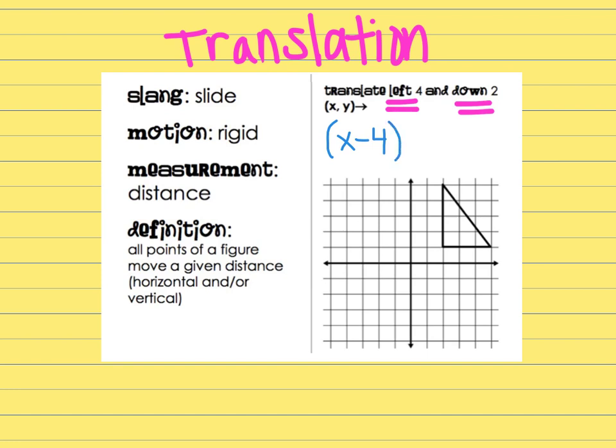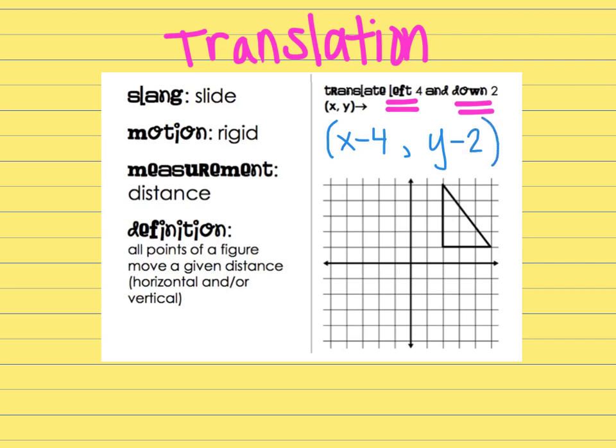And then it says go down 2. Instead of putting that other parentheses there, I need to just put a comma. The y value, if I'm going down, let's say this was a thermometer and I was doing temperature, when I go down, it's also subtracting. So the rule would be y value also take away 2 for this particular rule.